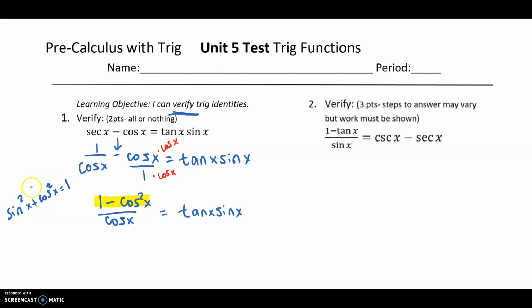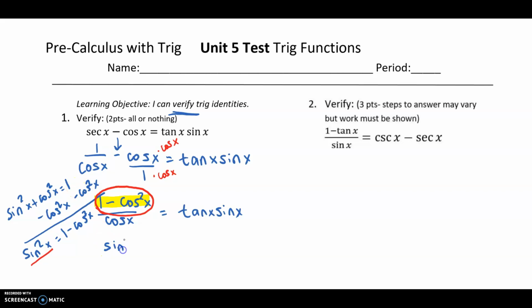So if I need to solve this so that it matches 1 minus cosine squared x, I'm going to subtract cosine squared x from both sides. And that gives me sine squared x equals 1 minus cosine squared x. So I'm going to replace 1 minus cosine squared x with sine squared x, because that's what it's equal to.